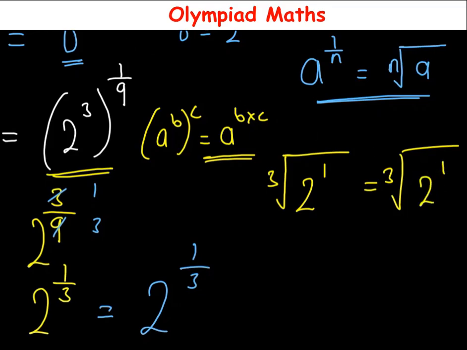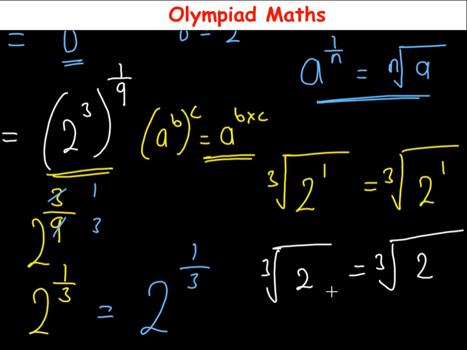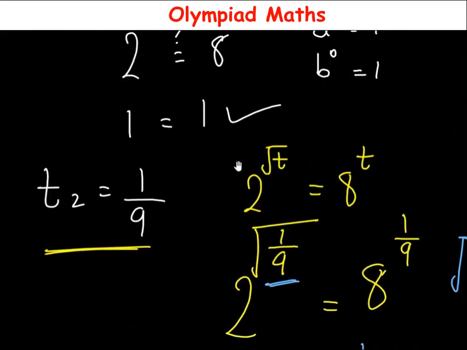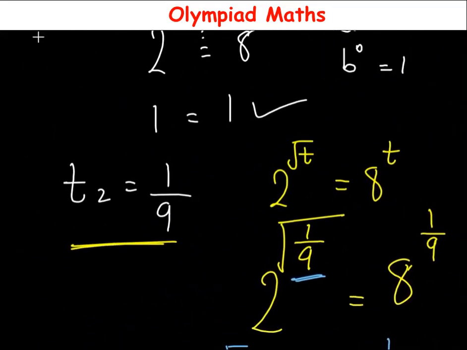And from here, the cube root of 2 raised to the power 1 is 2, which equals the cube root of 2 raised to the power 1, which is 2. And as you can see, we have the cube root of 2 equating the cube root of 2. So that means that the value of t2, which we got as 1 over 9, also is the correct solution that satisfies the given equation.